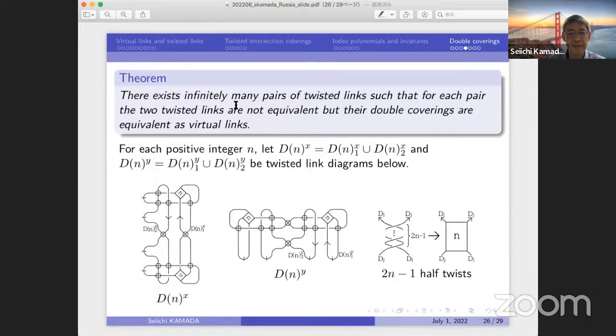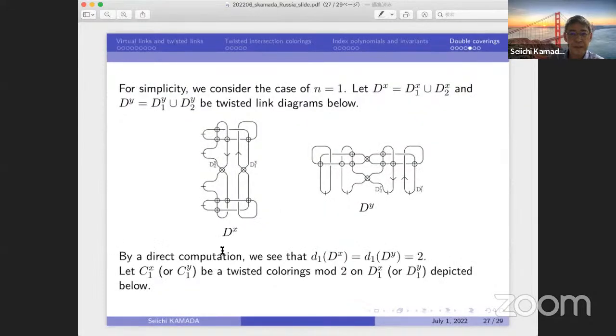So we have infinitely many pairs of twisted link diagrams. This is just a pair of diagrams. And taking double coverings, we see that they are equivalent as virtual links. Actually, the double covering diagrams of this one and this one are exactly the same. And the problem is we should prove they are not equivalent as twisted links. This is not so easy. But I'll skip the computation.